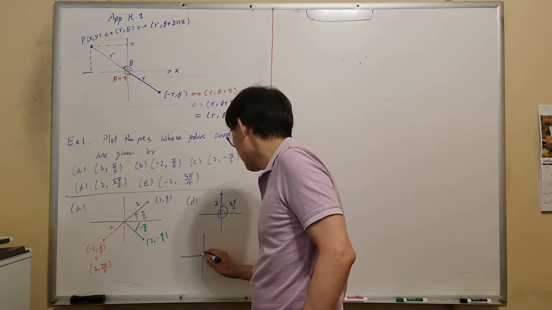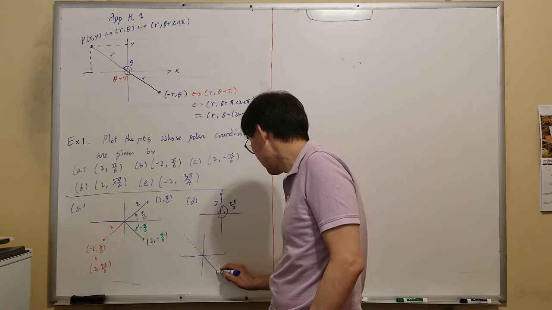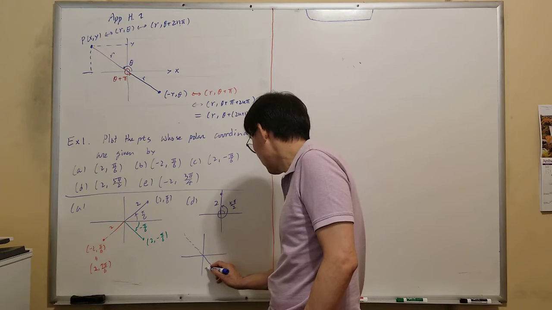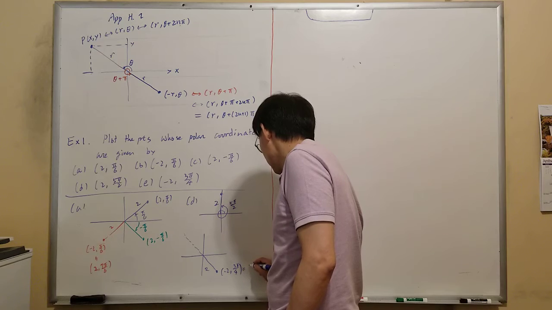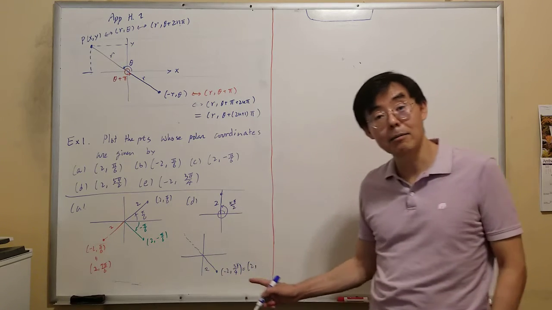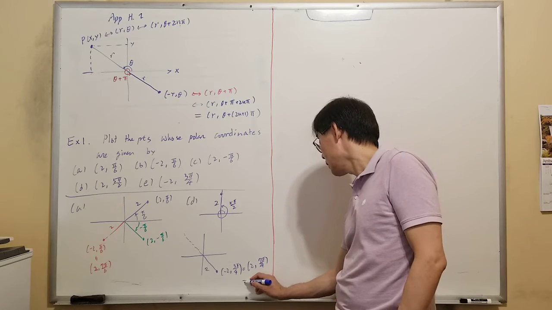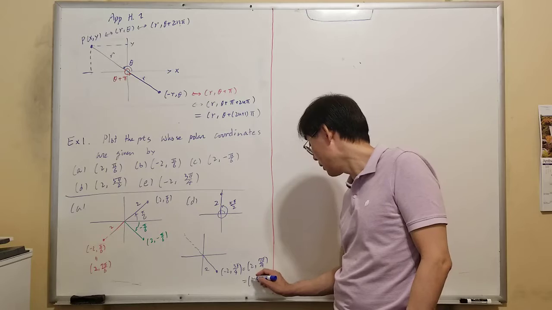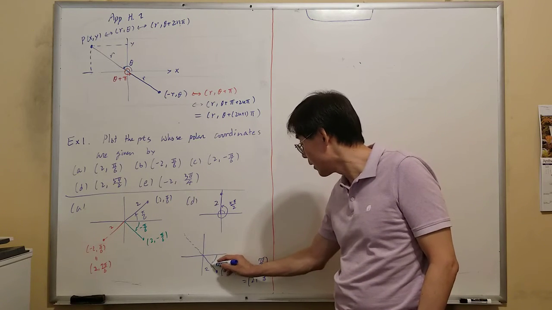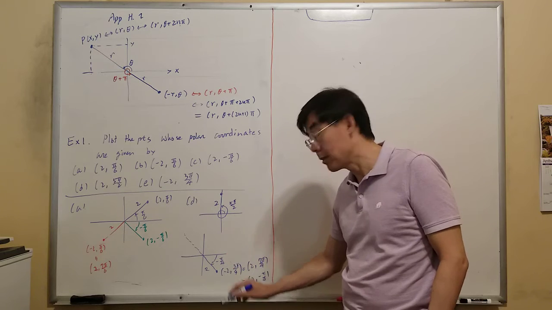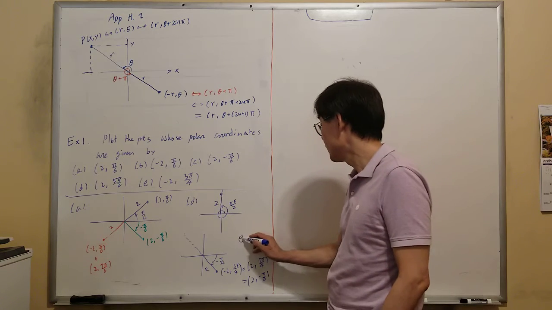Now 3 pi over 4 is that direction, and minus 2 means the other side. Minus 2, 3 pi over 4 is the same as 2, adding pi, 7 pi over 4. Or you can subtract 2 pi from here to get 2, minus pi over 4. Same thing. Okay, that is E.